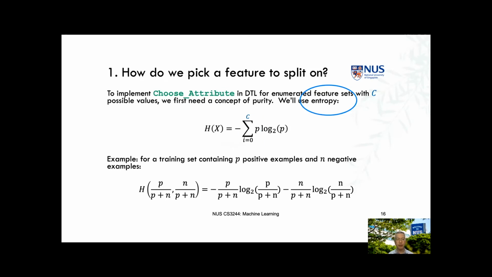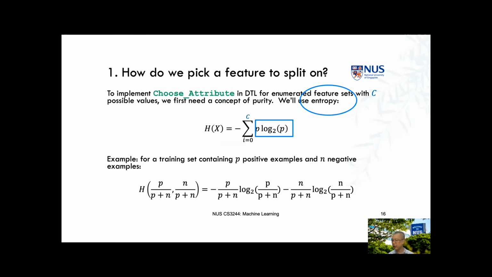If it is uniform in distribution, the P log P of all of the classes will be the same, and it will have a high entropy. When the P log P is unevenly distributed, for example, all of a particular class is indicated, then it will be different. So that's how we do it.